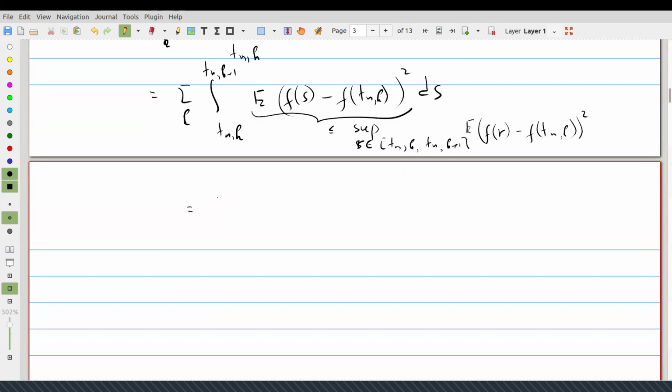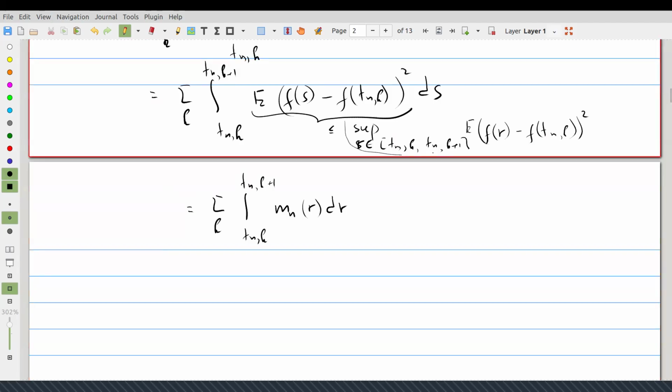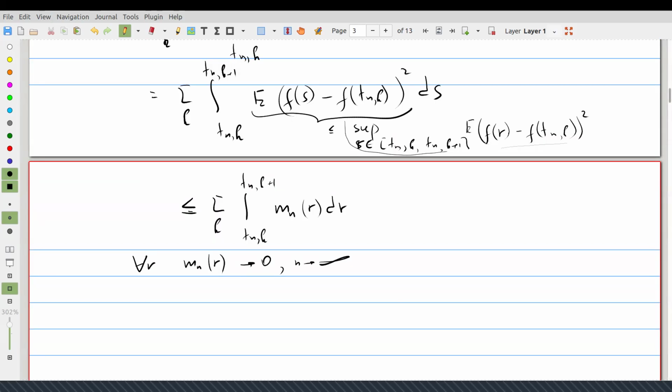So we can write this as the integral over [t_n_k, t_n_k+1] of some function m_n(r) dr, where this function is this supremum on every interval, and for every r, m_n(r) is going to converge to 0 when n goes to infinity, because this is exactly what being continuous in square mean means for fixed t.